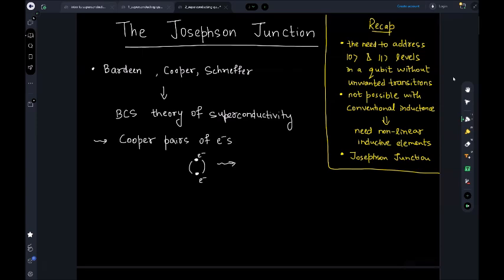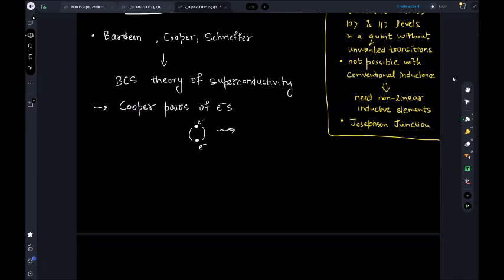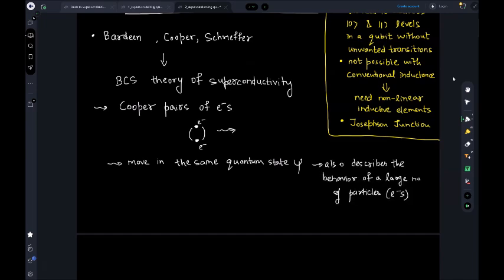Moreover, one of the remarkable things was that these Cooper pairs move in the same quantum state. What this also implies is that it can describe the simultaneous state of a large number of electrons. So in this context, I'm going to talk about something known as the probability current.